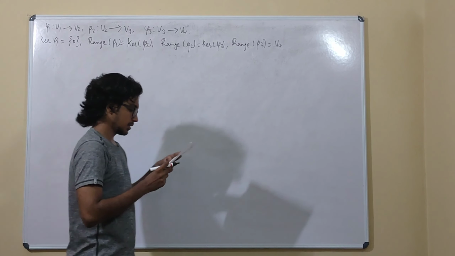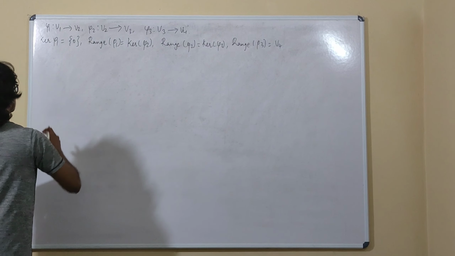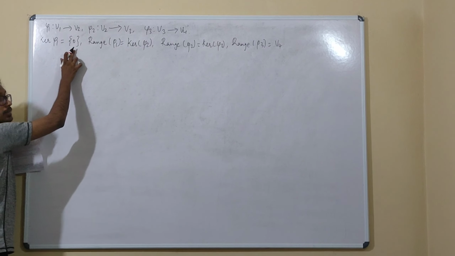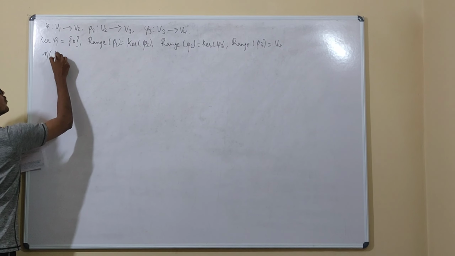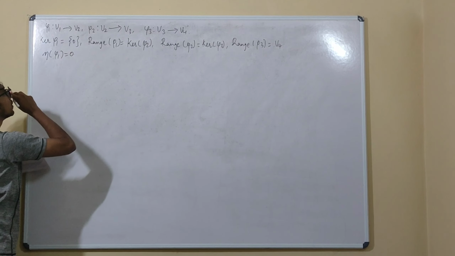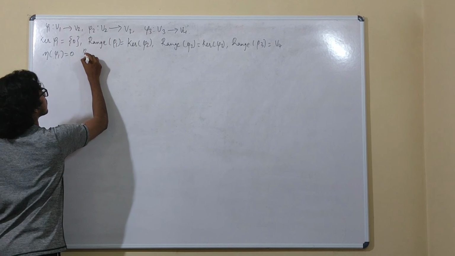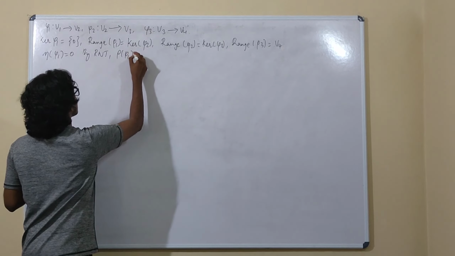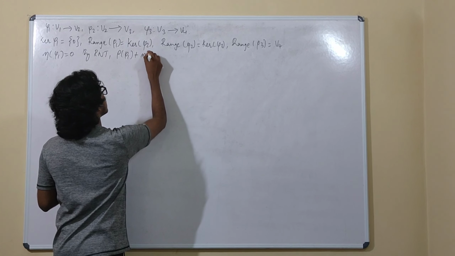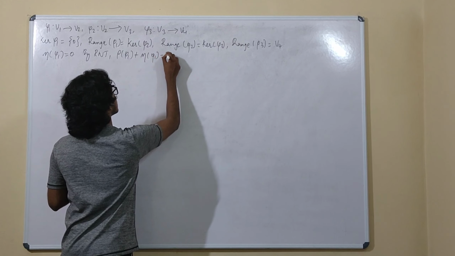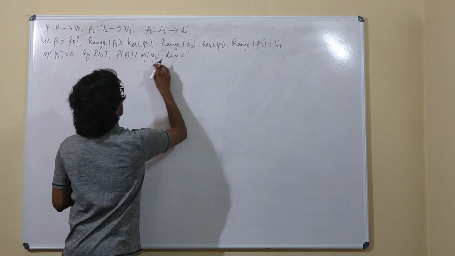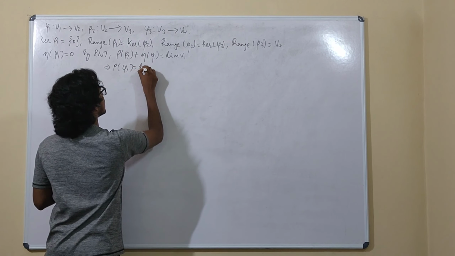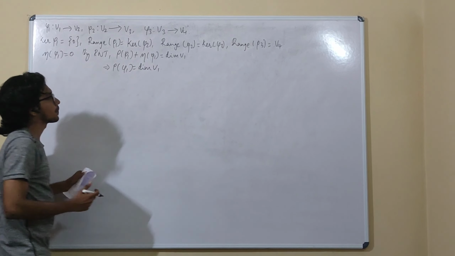regarding the dimensions. Here it is given that the kernel of phi1 is 0, which means the nullity of phi1 is 0. By the rank-nullity theorem, what do we get? Rank of phi1 plus nullity of phi1 is the dimension of V1. So this is 0. This tells us that the rank of phi1 is the dimension of V1.